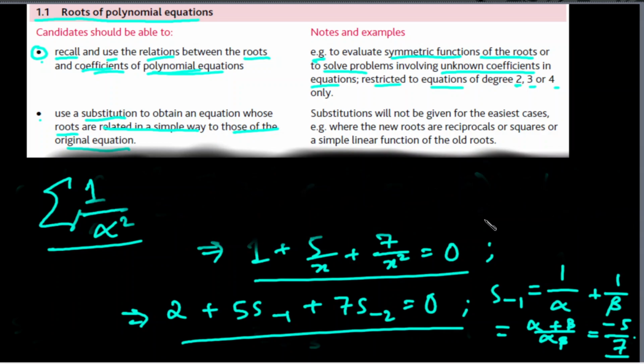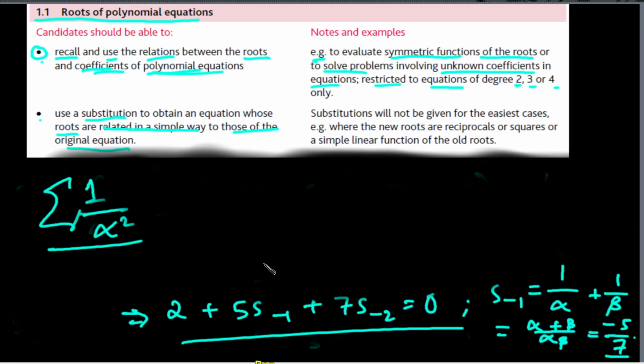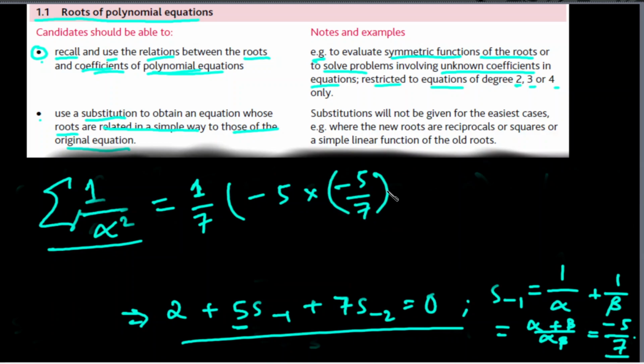And once we get that, we get s of -2, our original equation here, is just equal to 1 by 7, because we have the 7 as the coefficient here, times -5, because we have the coefficient -5 here, times -5 by 7 from the value of s of -1, minus 2. Plugging this into your calculator, you'll get 11 by 49 should be your answer. Not sure though, but yep.